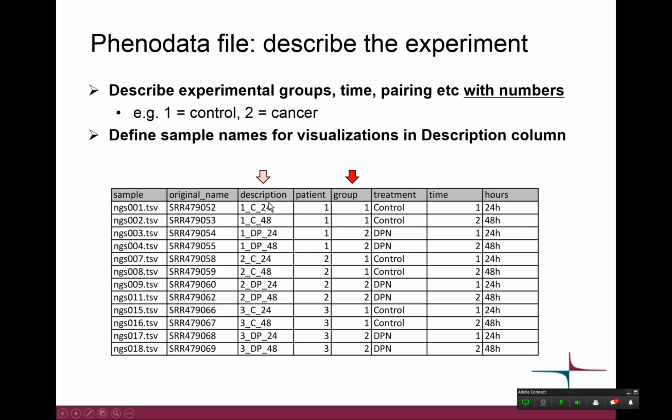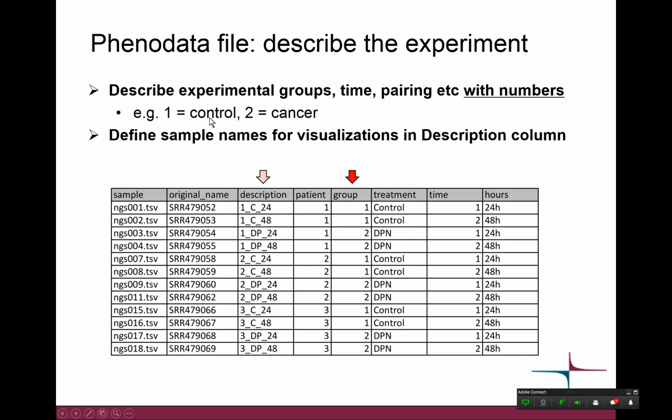There are some super important columns, especially the group column here. That is there by default, and if you are going to do differential expression analysis, you absolutely have to fill in this column. What you fill in there, using numbers, is your experimental groups.